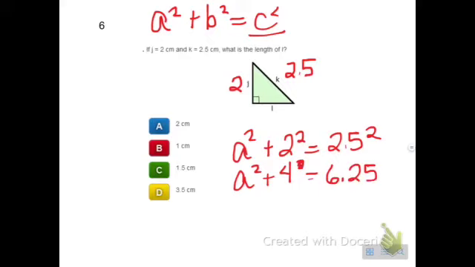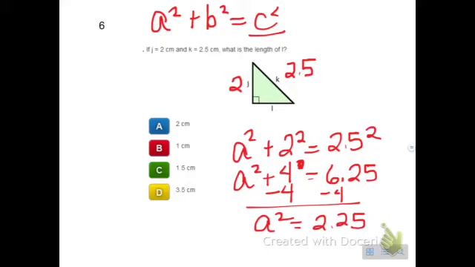To solve for A, I need to eliminate the 4, so let's subtract 4 from both sides. So that gives me A squared equals 2.25. And then the last thing I need to do is take the square root so I can get A. So if I take the square root of that, I get 1.5. C.